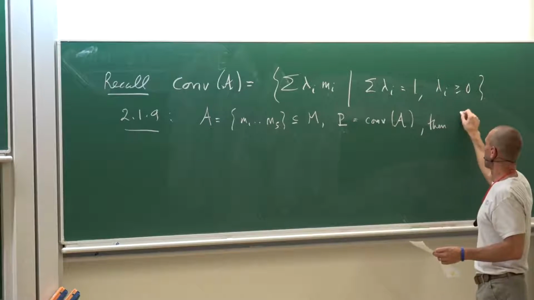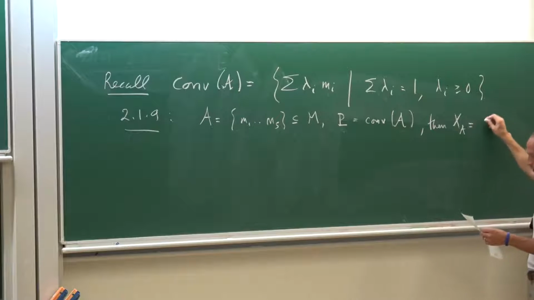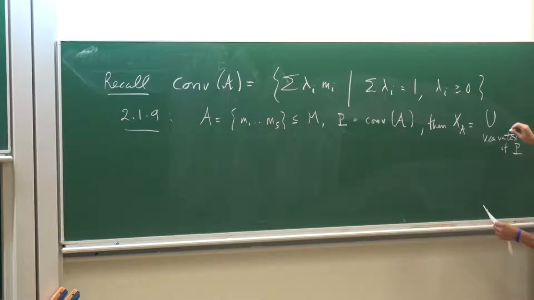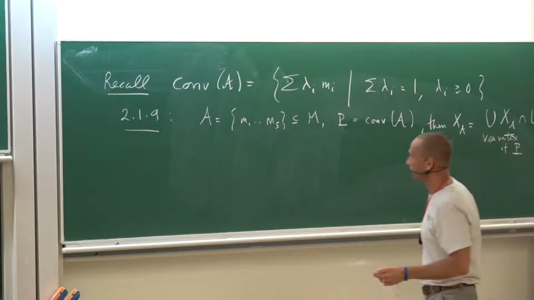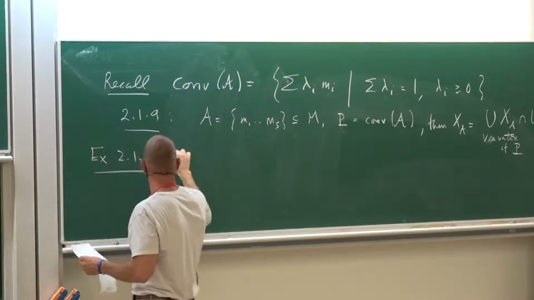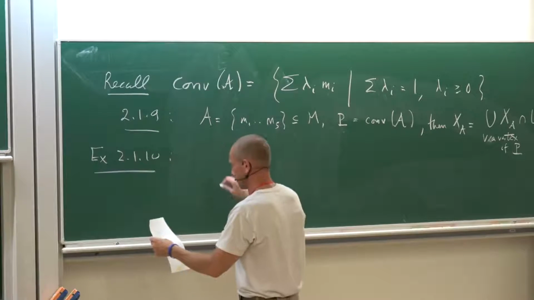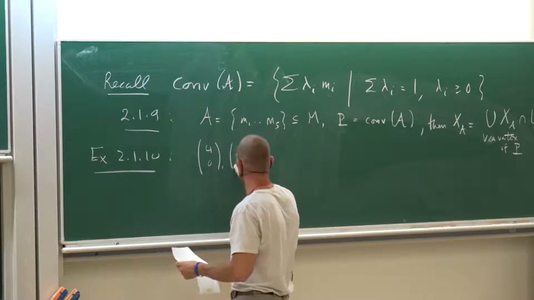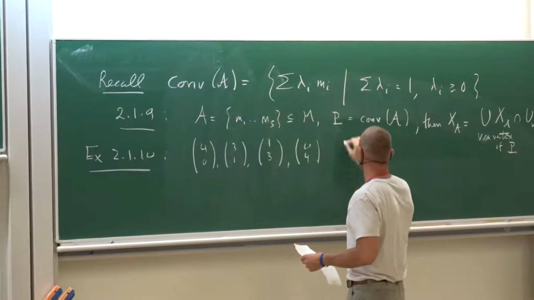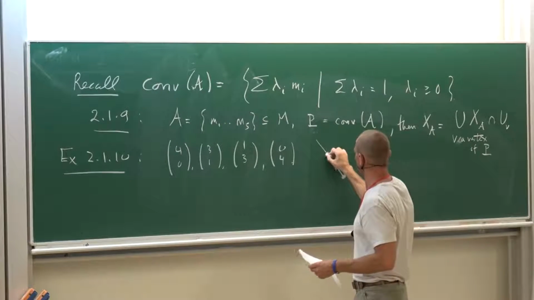Then X of A is actually just equal to the union of the affine pieces of X of A. So what does this notation mean? It'll be clear when I do an example. So here's an example. Staying with that, the 4, 0, 3, 1, 1, 3, 0, 4, which corresponded to the lattice points that look like this.